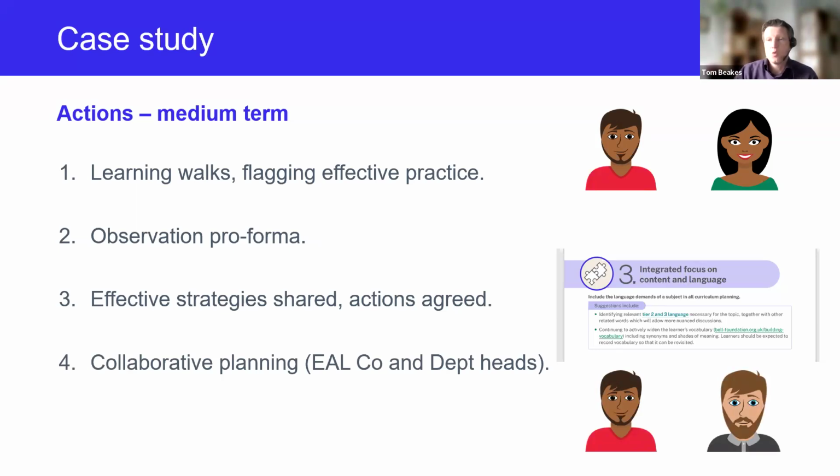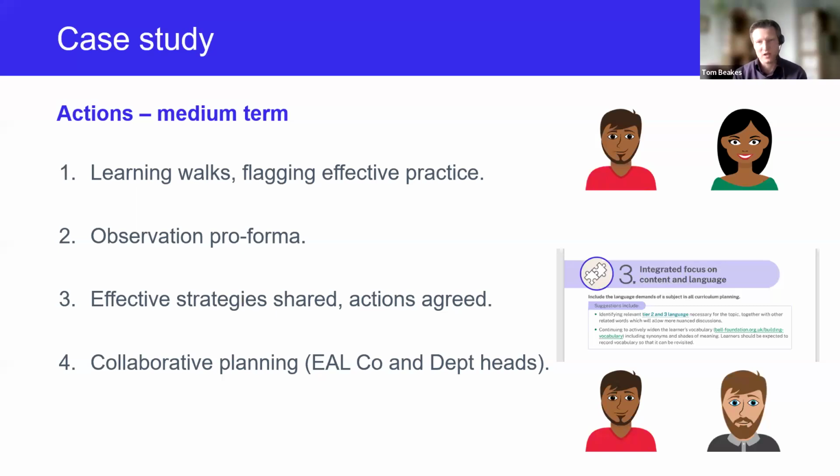And lastly, the EAL coordinator has arranged to use those findings to inform future curriculum planning via some collaborative planning. So basically, he's meeting with department heads to inform the curriculum planning for the following year. This may not sound like a CPD, but honestly, some of the most effective schools I've seen when it comes to EAL provision often have some sort of co-planning between the EAL specialists and subject specialists, because it's CPD for both parties, right?